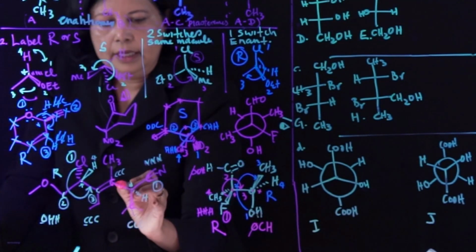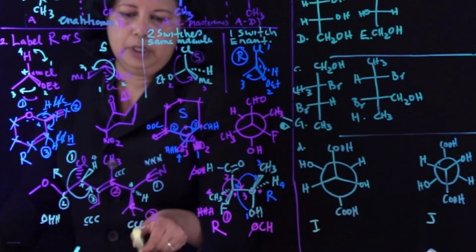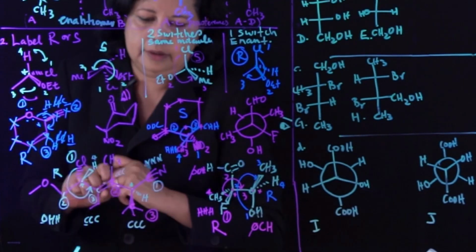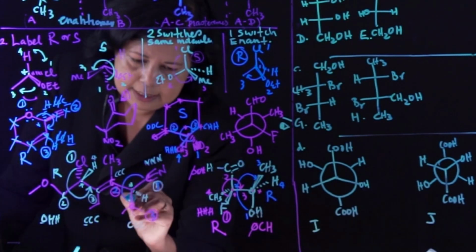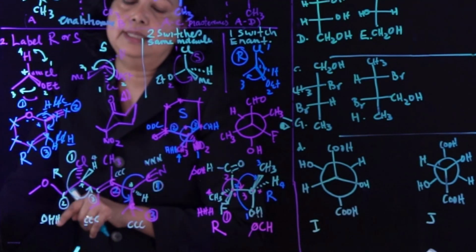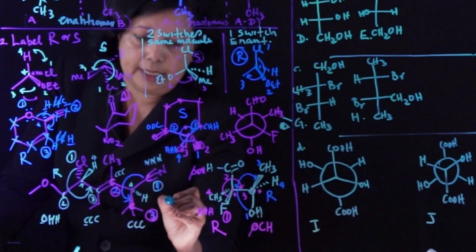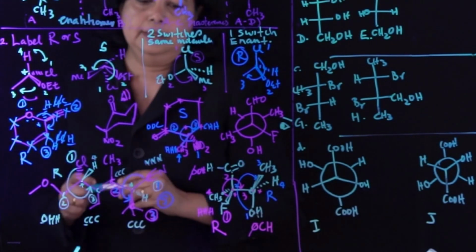So 1, and then 2 here, and 3 here. So 1, 2, 3, going counterclockwise, right? But hydrogen is in. So therefore, this is an S, and this is an R.